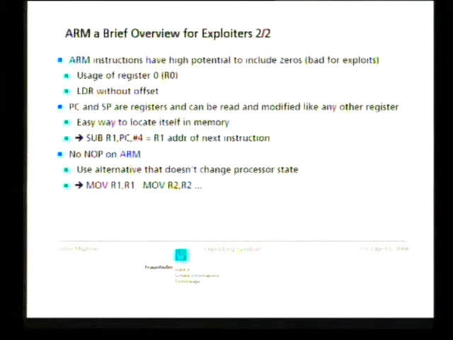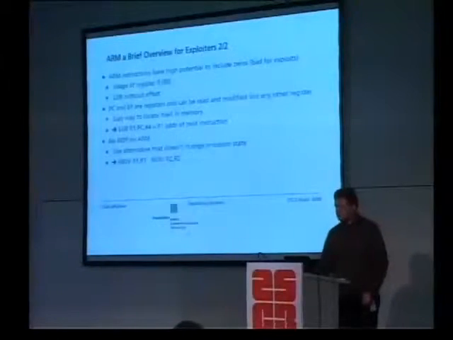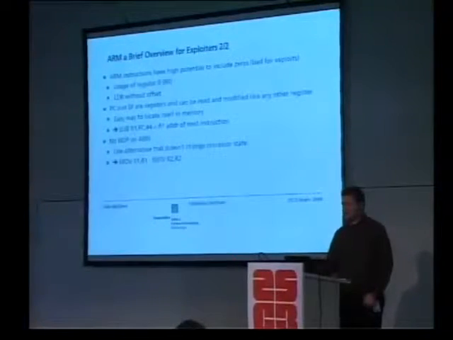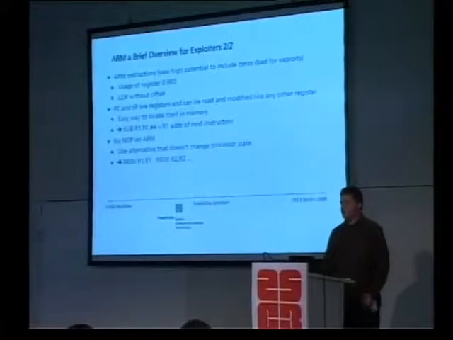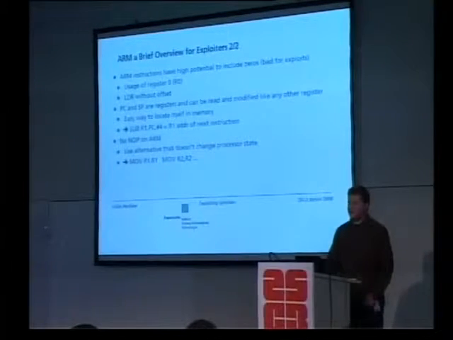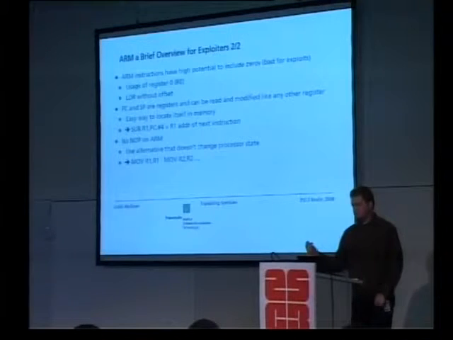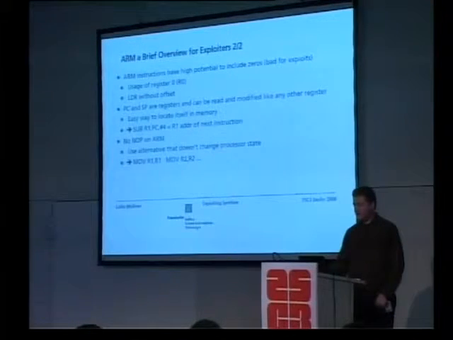You have a potential for zeros in ARM shellcode, so you want to avoid that. The program counter and stack pointer are just registers, so you can read them and very easily determine where your shellcode ends up on the stack. You don't have NOPs, so you just build your own: copy a register onto itself, so you change nothing in the processor state and do nothing.